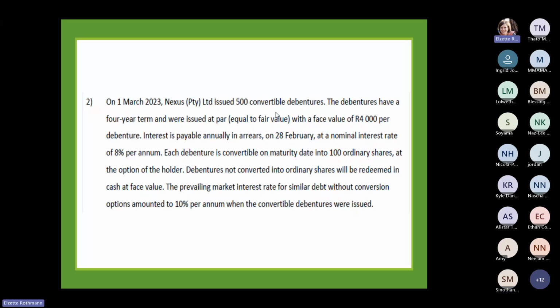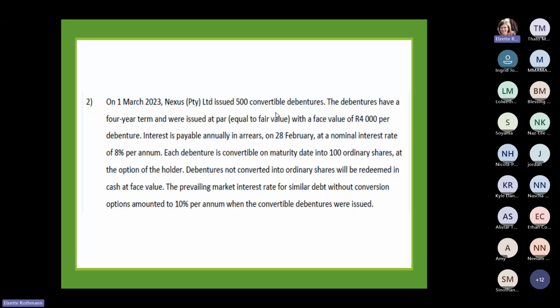Because then your future value will be 0, because if all debentures are converted, then there's nothing left. But if they tell you, like they do there, that it's convertible at the option of the holder, then you will have a future value, because it might be that not everything is converted.